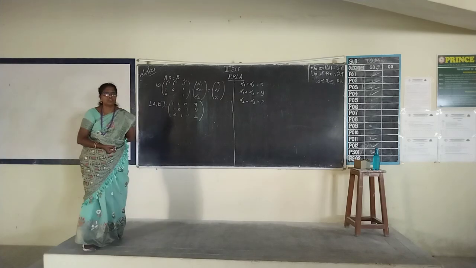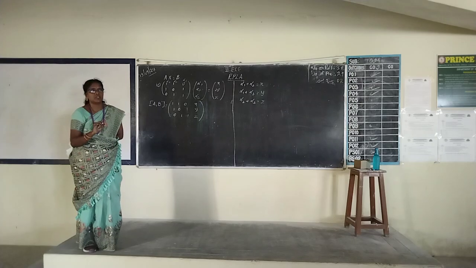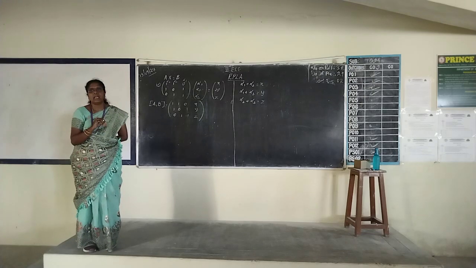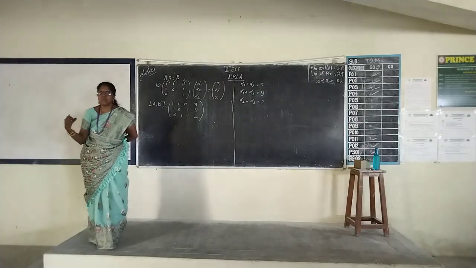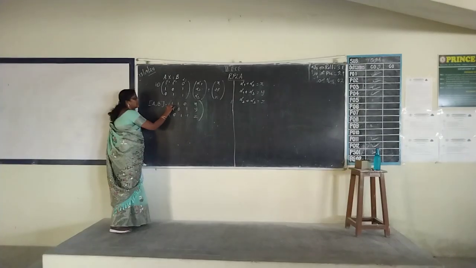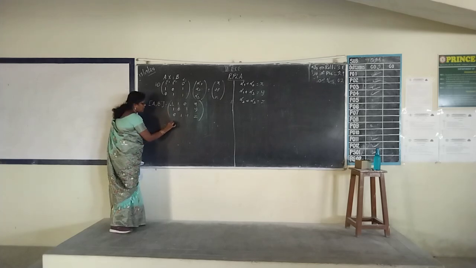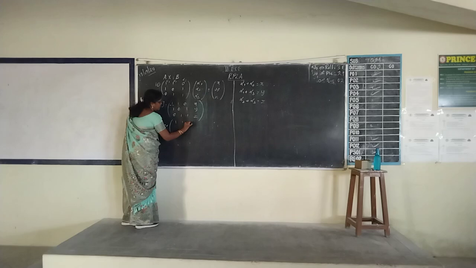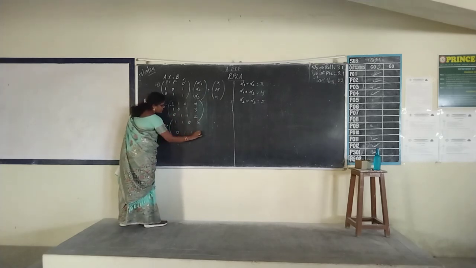Tell me the transformation procedure now. What is the procedure? With the help of the first element, you will make the remaining first elements 0. So this is our first element. Remaining we are having 2 elements, but already one is 0, so no need to make any transformation there. So the change is only in R2. Row 1 remains the same. Row 3 is already 0, so it is also going to remain the same.